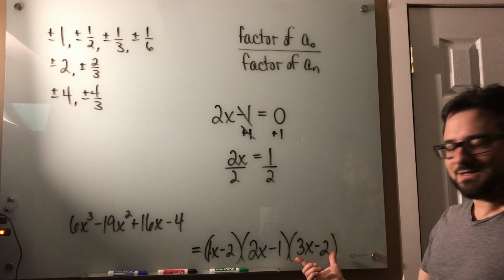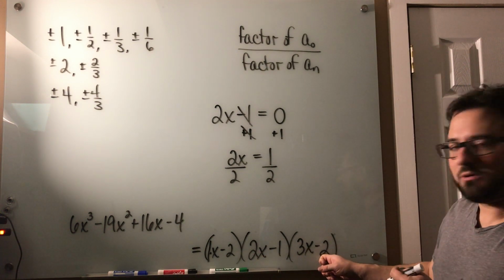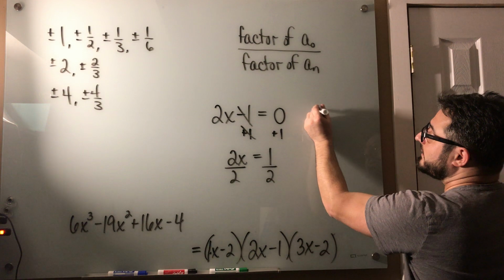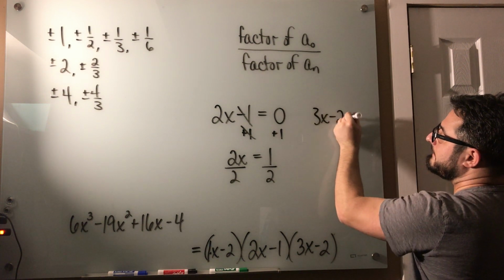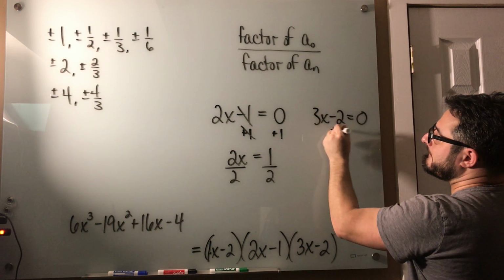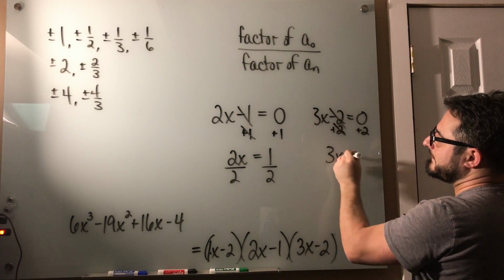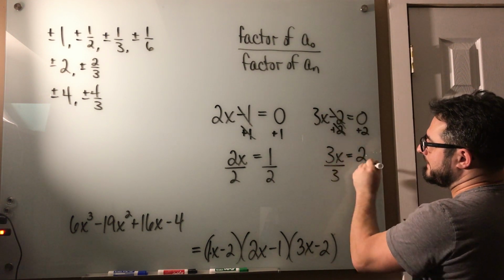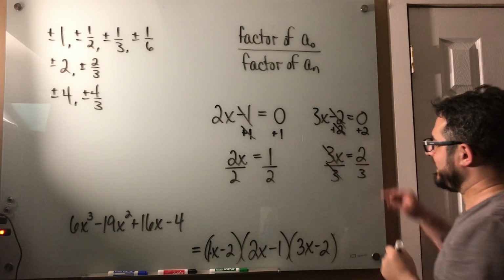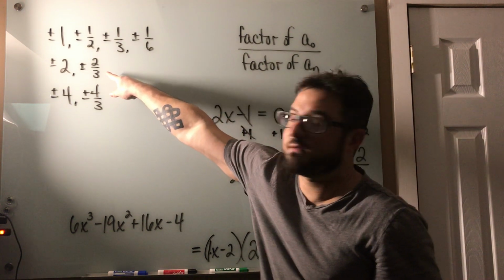This one would work in very much the same way. I'd have to add 2 and then divide by 3. And there I get 2/3.